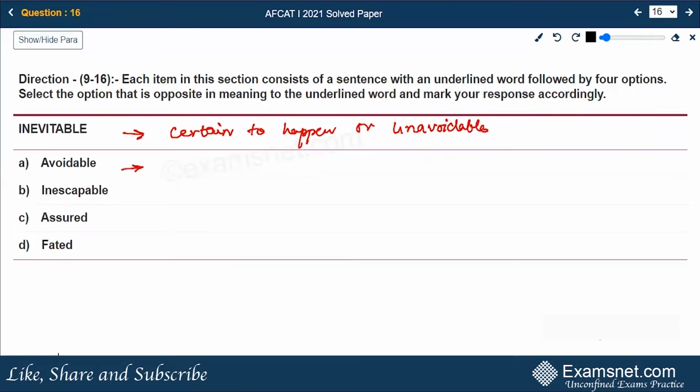Avoidable, you know, something which can be avoided. Inescapable, again, unable to be avoided.